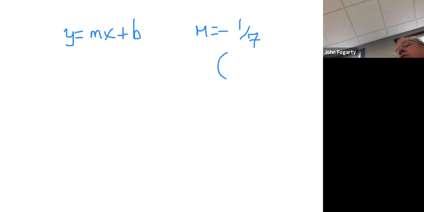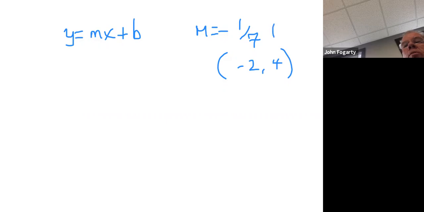Y equals mx plus b. I have to write my equation in this form. It has a slope of -1/7, and it passes through the point (-2, 4). So I know what m is.